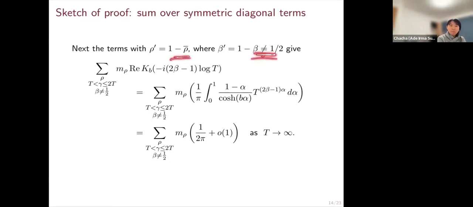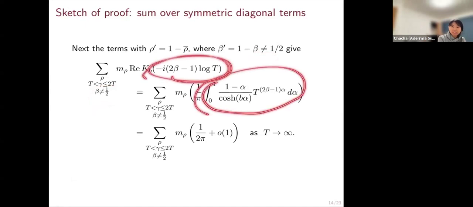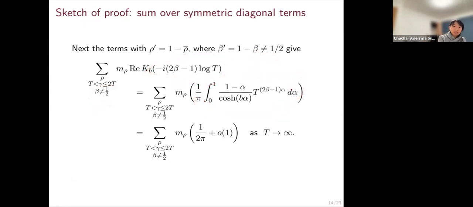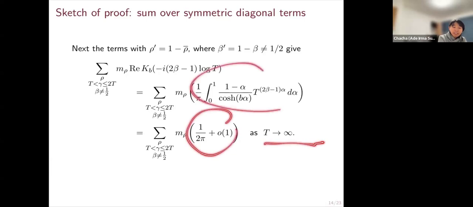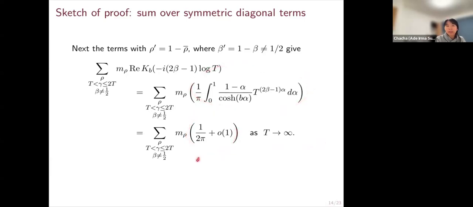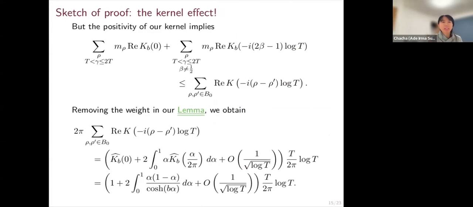So I take the ones which are not on the half line, compute this kernel, and get this integral. I let b go to 0 as t goes to infinity, and again this goes to 1 over 2 pi asymptotically.